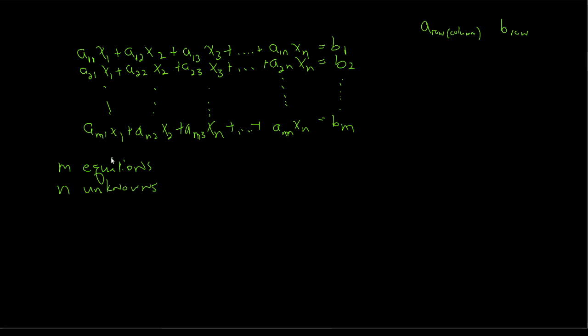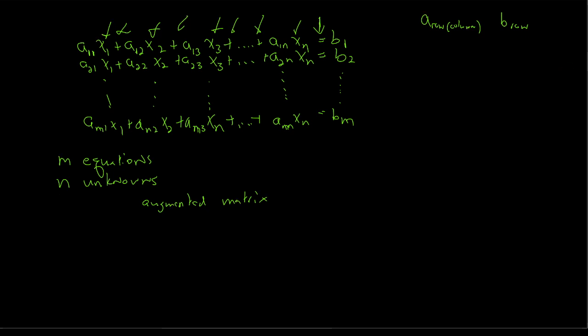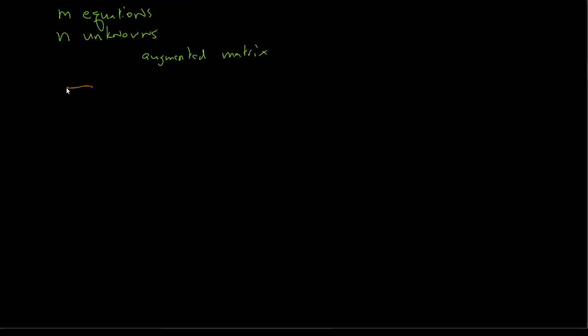And so what we can do is take this whole problem and create what's called an augmented matrix. We're going to ignore the unknowns and the plus signs because we know they're there, and we're going to pay account to the equal sign. And so we can abstract all the information from this in an augmented matrix.